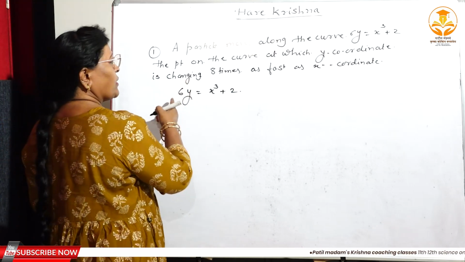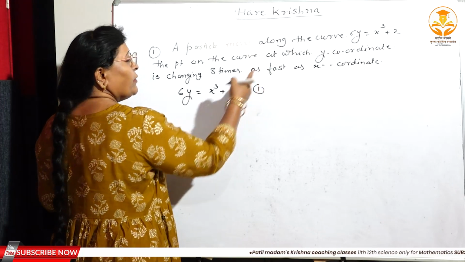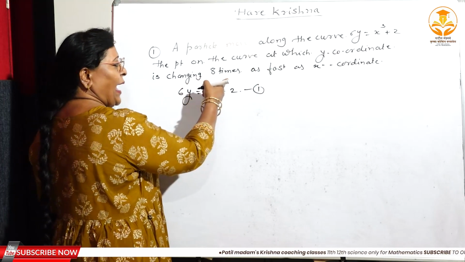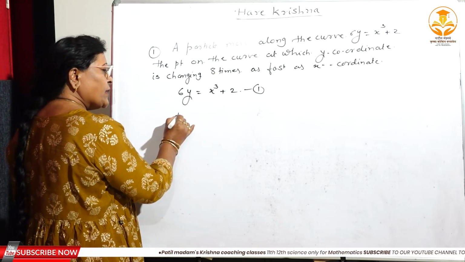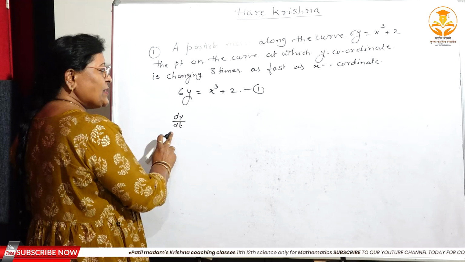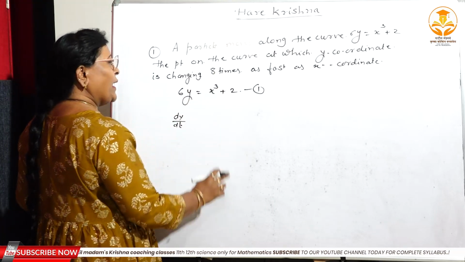They have given that, the equation of a curve. The y coordinate is changing 8 times as fast as the x coordinate. Y coordinate is changing means what? That is nothing but dy by dt. This is the rate. It is changing 8 times as fast as the x coordinate.